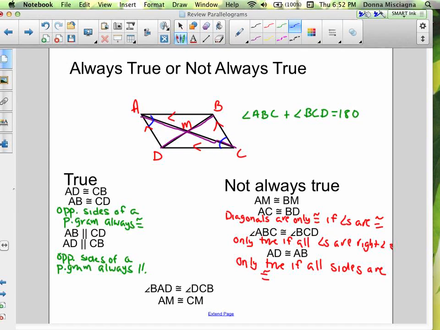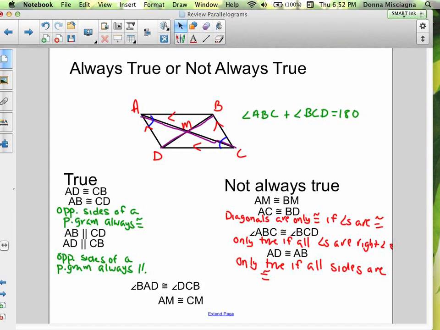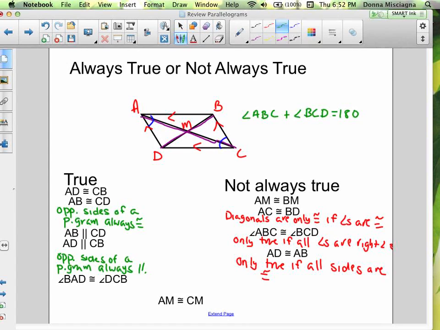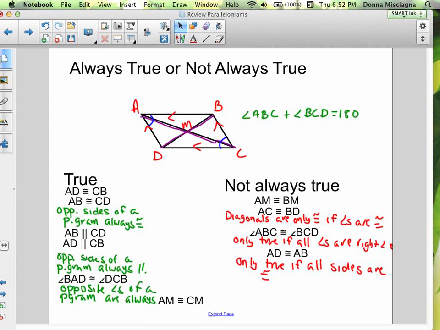Now that one is true, because we know that opposite angles of a p-gram are always congruent. And then we have one left. Oops. And he just wants to be difficult.